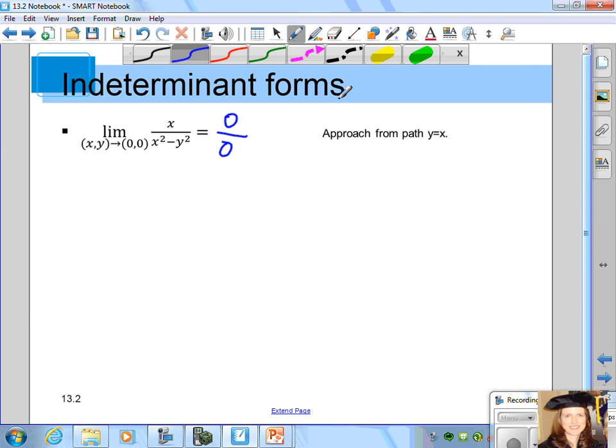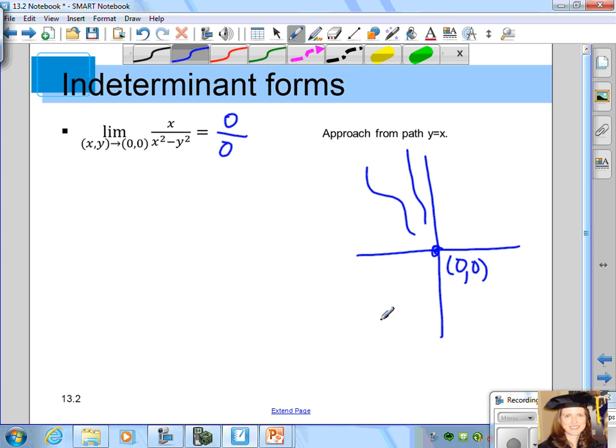One way is by looking at it as you approach the point (0, 0) from the path y equals x. We're trying to get close to this point (0, 0). There are many ways of approaching this point. One path that we're going to be looking at is the line y equals x.